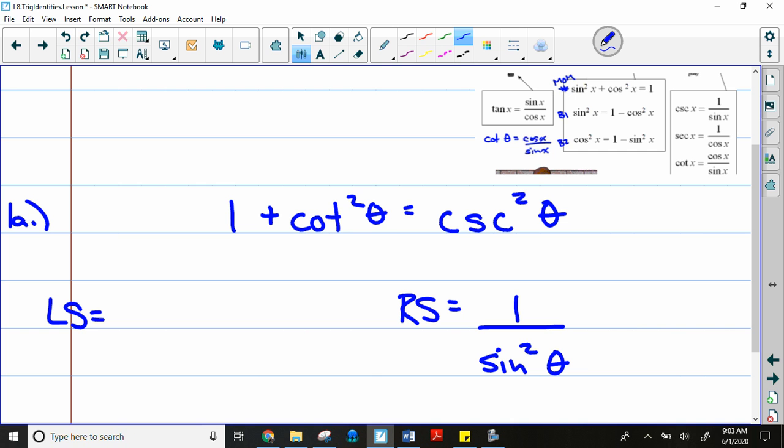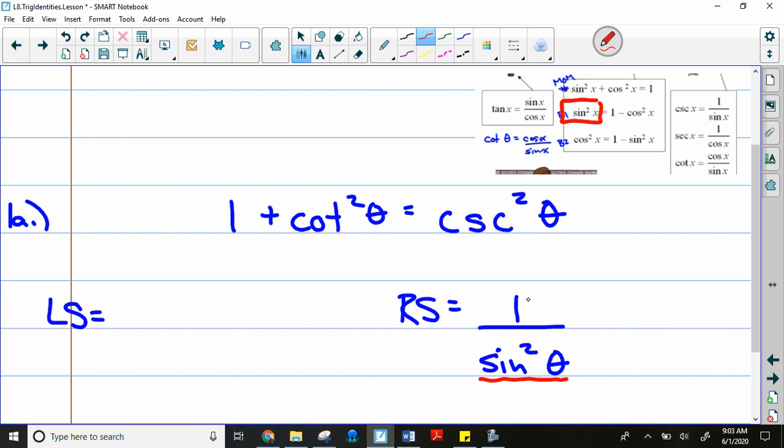So if I'm still looking at the right-hand side, I've got this business happening down here. And according to this, I could change the sine squared theta to a 1 minus cos squared theta, which is intriguing. And sometimes when you see things, you just want to change them because there's something you can change them into.